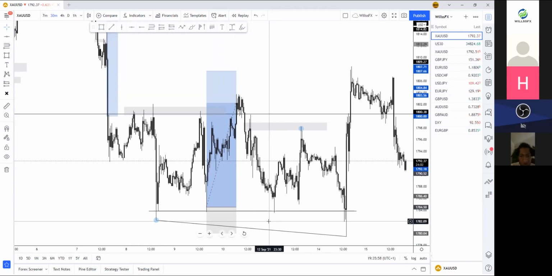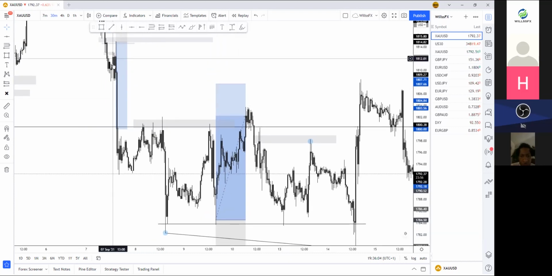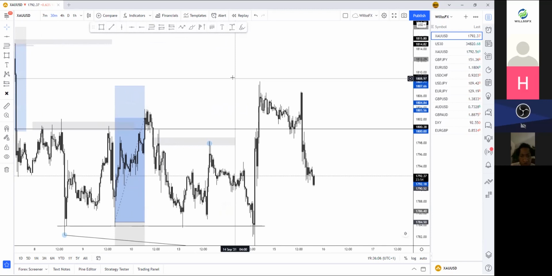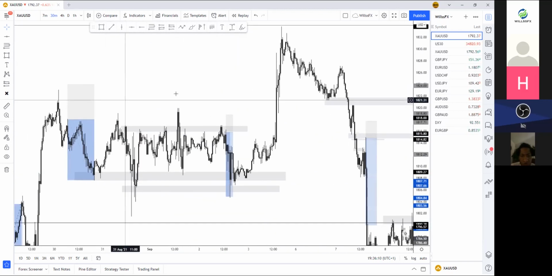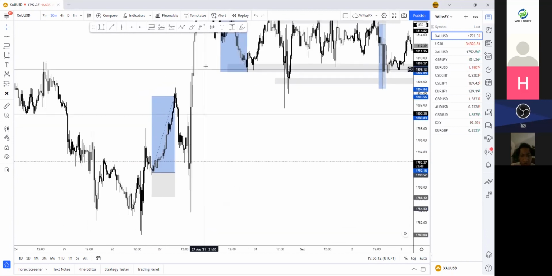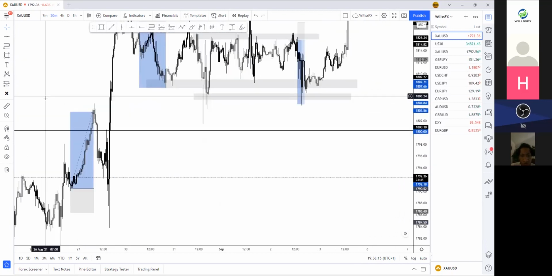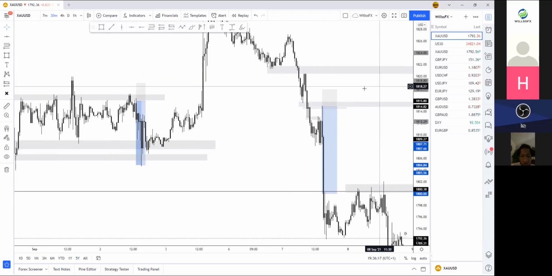So with this liquidity, you can use it as an extra confluence because a lot of the times you have an imbalance to the left. So in this example here, you've got this zone, you've got an imbalance. A lot of these areas, I think it had on US30 as well, you usually have an imbalance candle to the left.